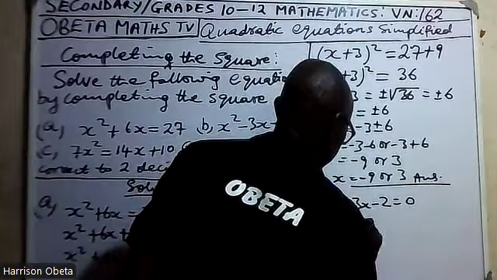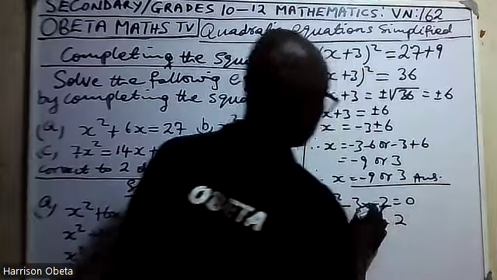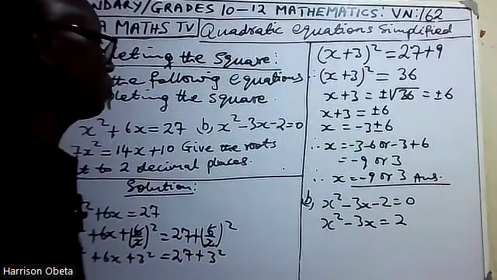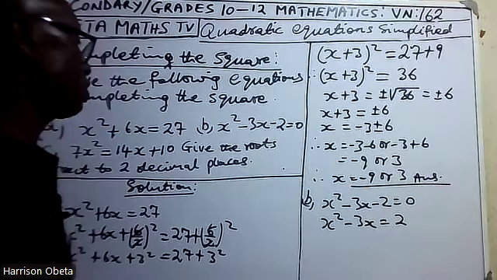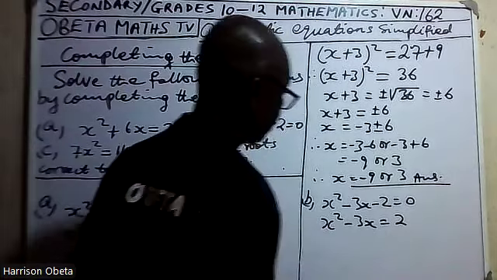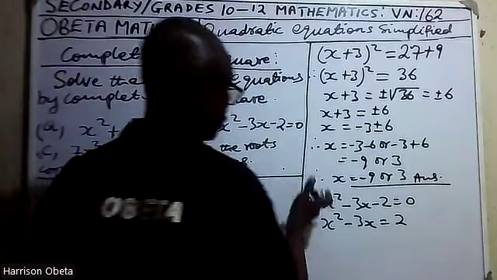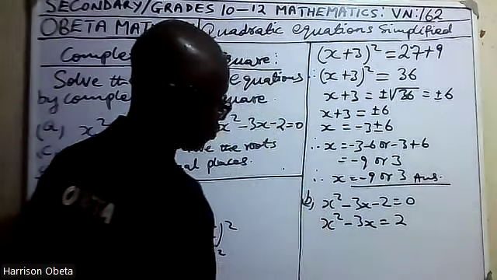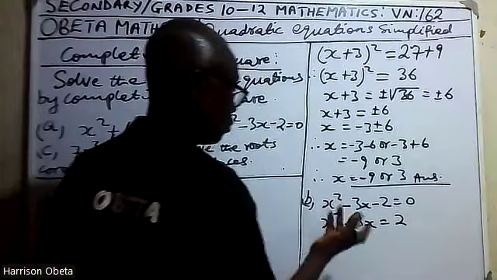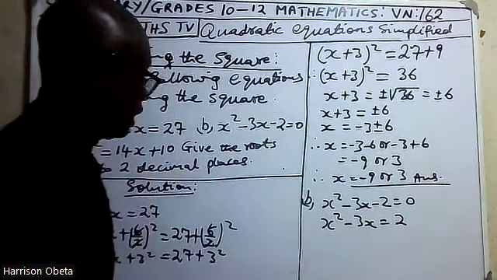So x squared minus 3x is equal to 2. Negative crossing the equality sign will become a plus. Now we can complete the square by adding the same quantity to both sides. Since the coefficient of x squared is 1, we go ahead and divide this by 2, square it, and add to both sides.